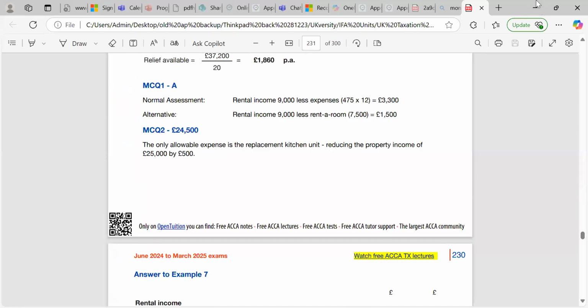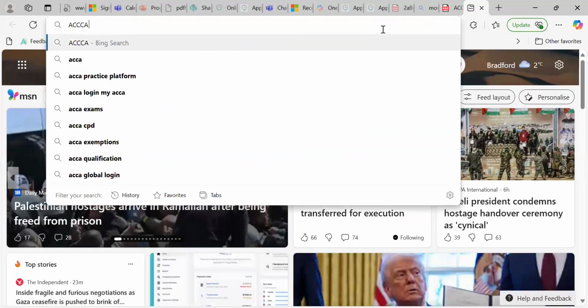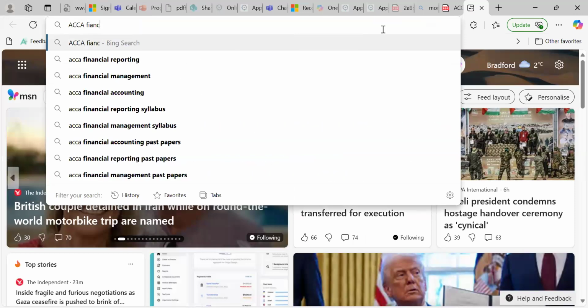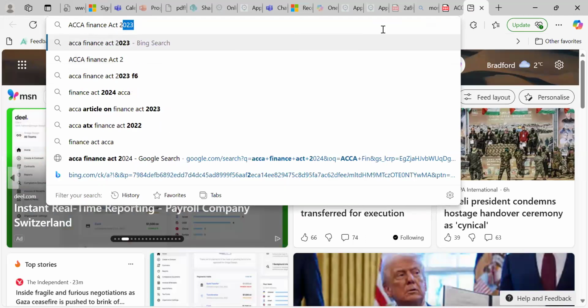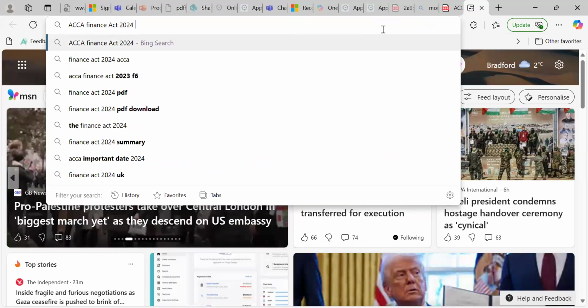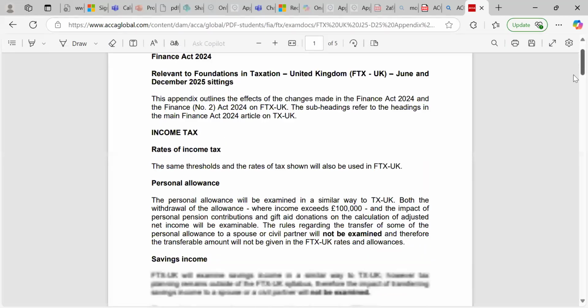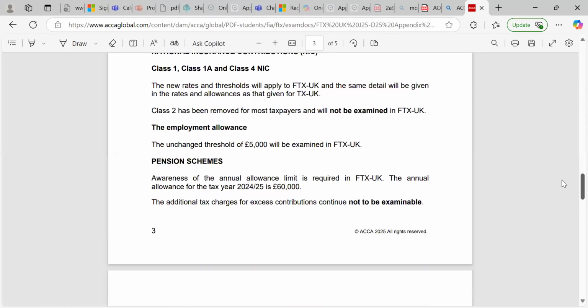Other than that, if you want, we can look at ACCA articles from 2024, because after 31st January you will find plenty of examples here. It's good to look at when you're looking at companies, assessment, property.